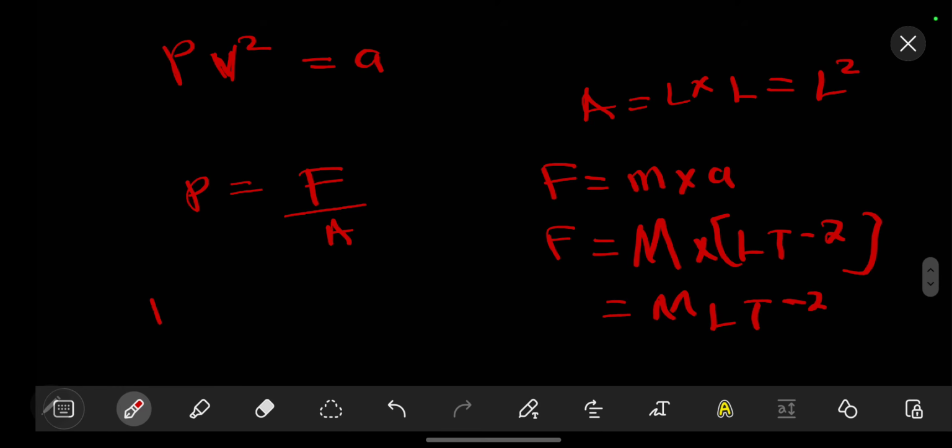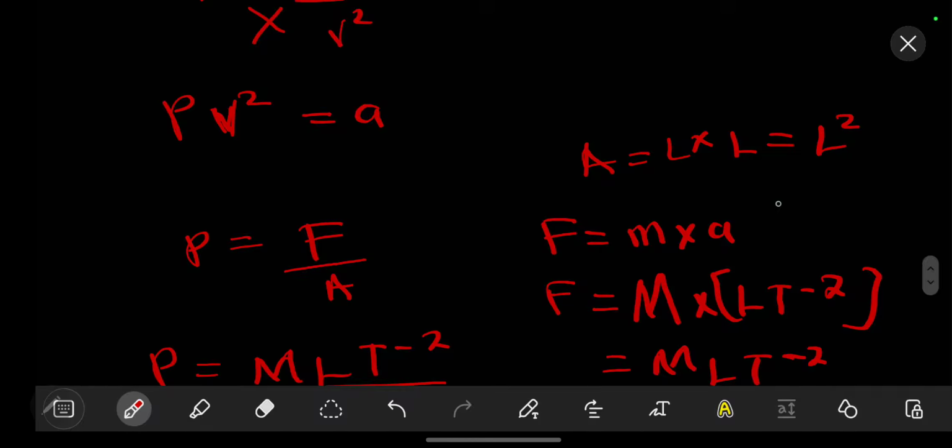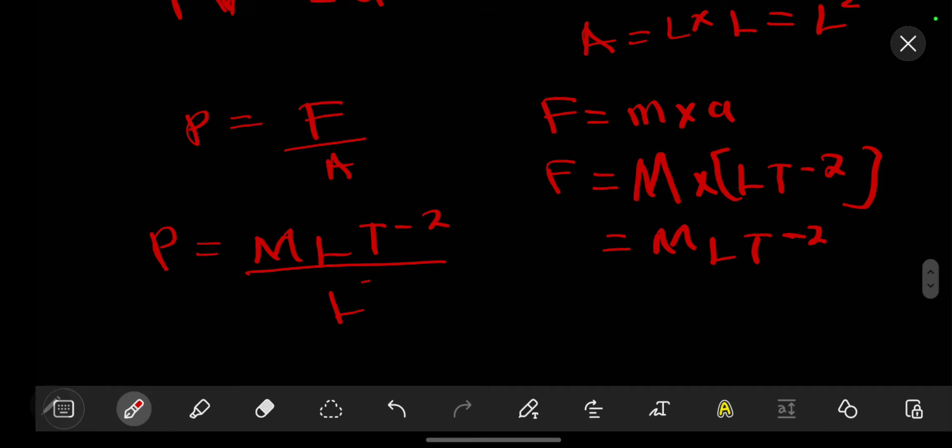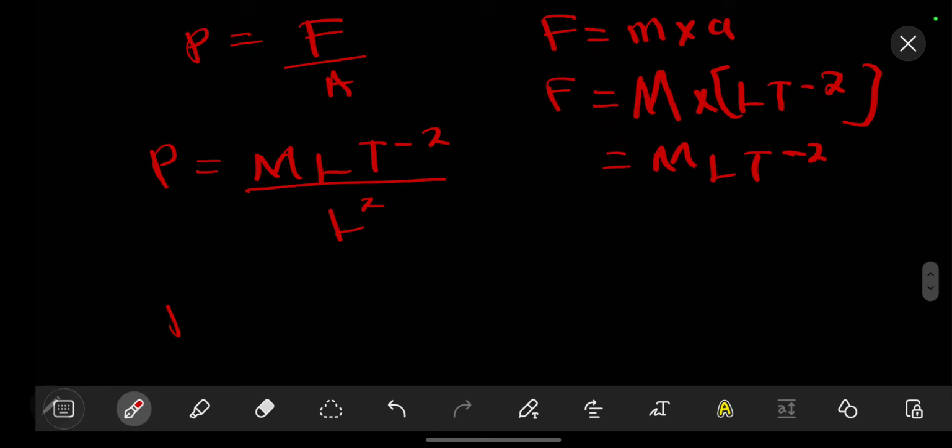So our pressure should be equal to force, M L T raised to the power negative 2, over what is our area. Our area is L squared. So we can put the L squared there. So pressure should be equal to mass, then we have our length raised to the power 1. So we take the L up there and say minus 2.